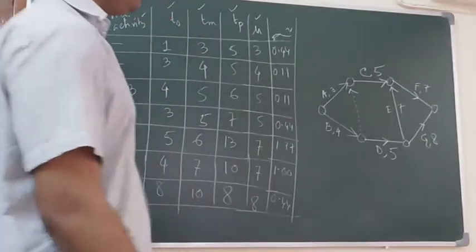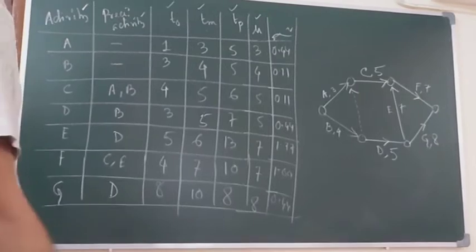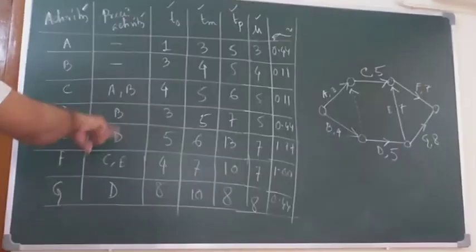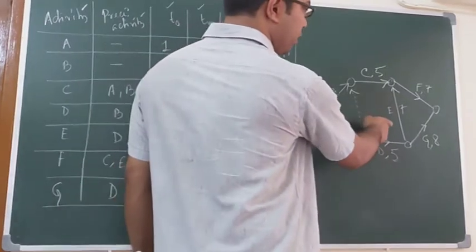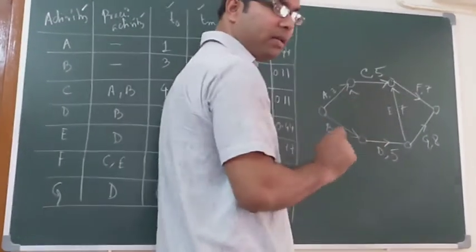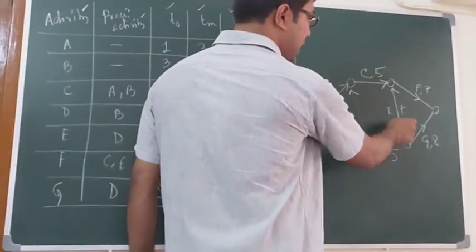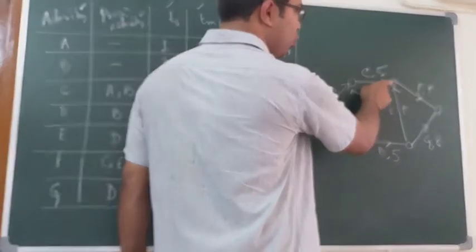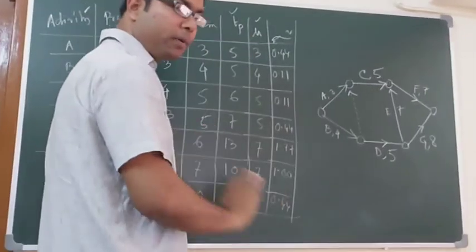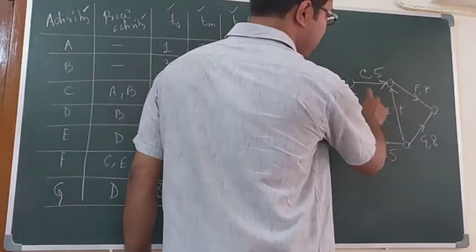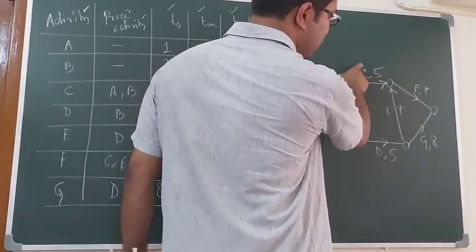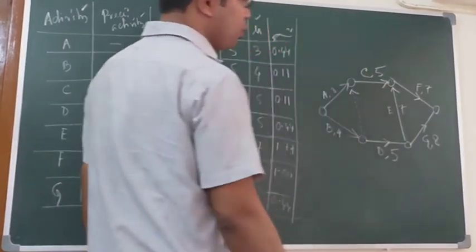So this is the project network that can be constructed from the given project. Here you can use another dummy activity to shift the end point of E towards this point, so that we join C and E in a common point.